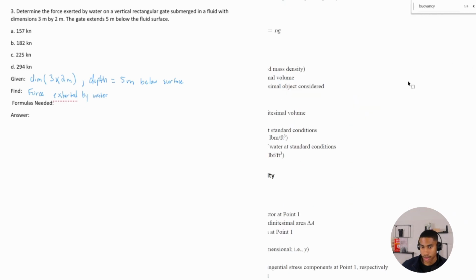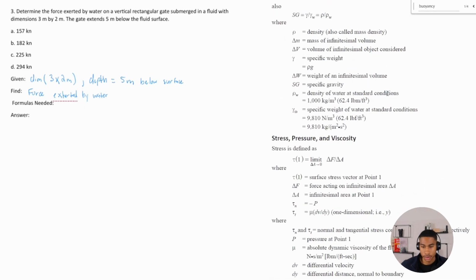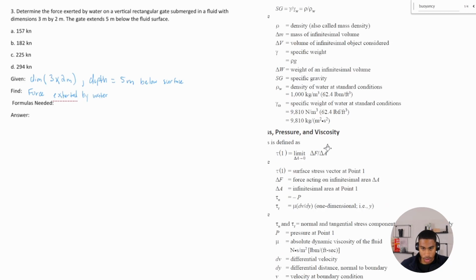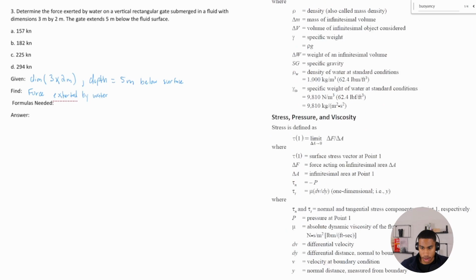I'm just clicking through my bookmarks. Okay. And so when I'm going through, I see force here and area, right? So the force exerted, I know that we're using water.